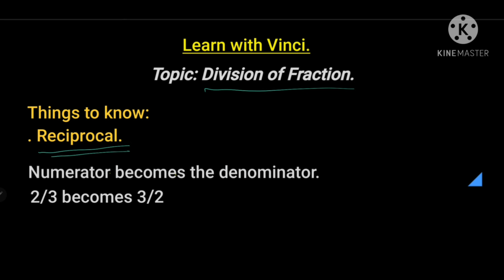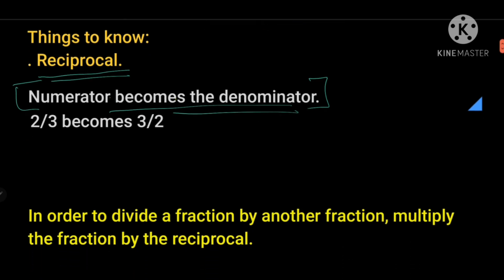Now if I keep it very simple so that everyone can understand, reciprocal basically means ulta. That means if I have just written out here, numerator becomes the denominator. Now, for example, this is 2 by 3, right? So 2 by 3.